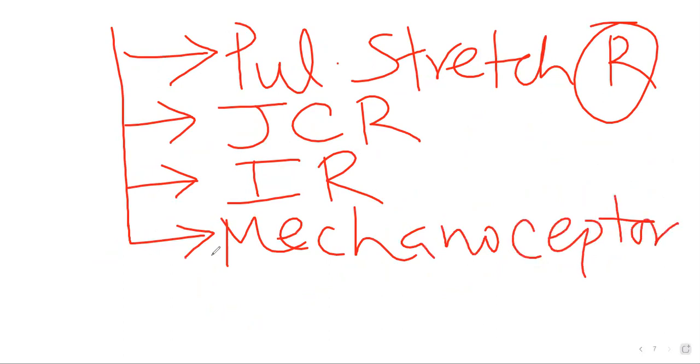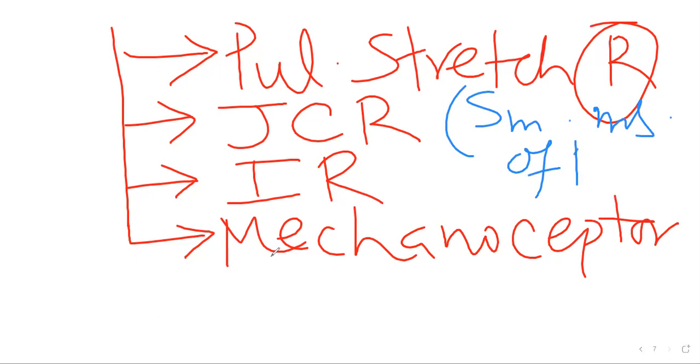These pulmonary stretch receptors are situated where? They are situated in the smooth muscles of the respiratory system. The juxtacapillary receptor is situated at the alveolo-capillary junction.